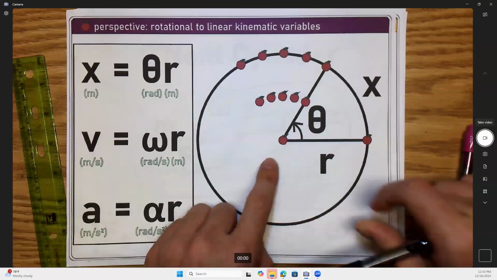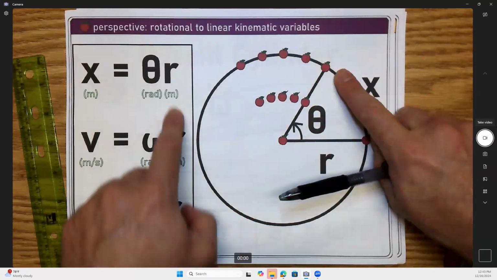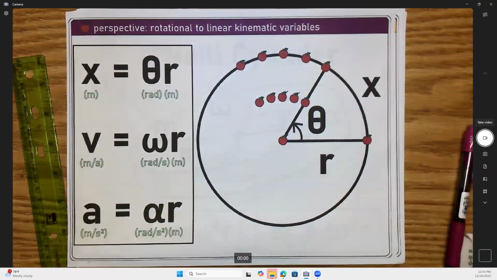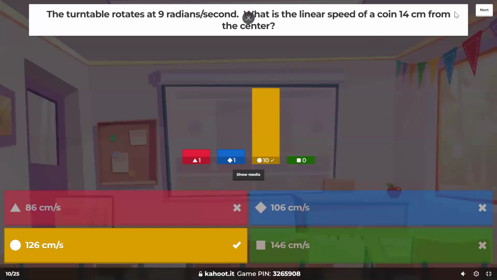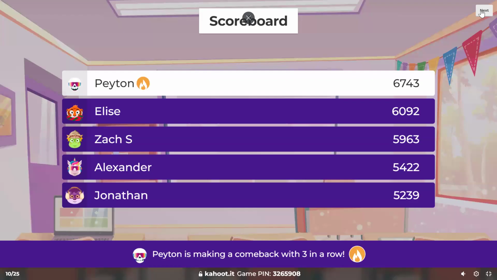All you have to do is multiply by your location from the center. You go from one to the other. I just did this one right here. That times that equals angular velocity times distance equals your tangential velocity. All right, guys got that?